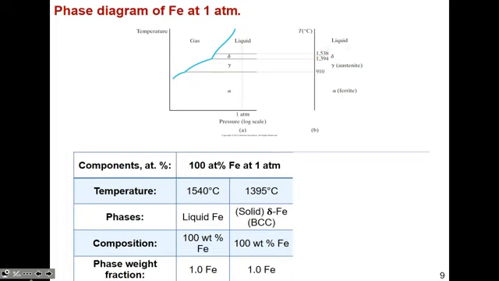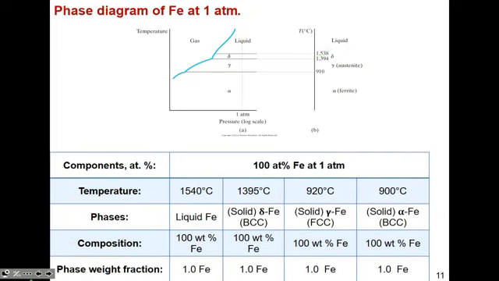Okay, so once again, you can go through and, as I've said, start at the top, 1540. So I chose a temperature that's right above the melting point of iron, where you have liquid, and then you drop the temperature to 1395, so you can see it's right there. So now you're going to get solid, although I think this should be 4.